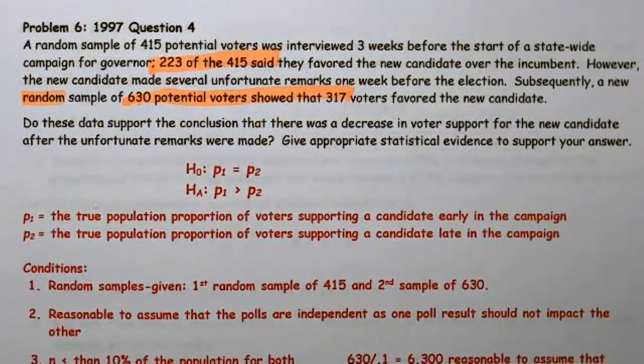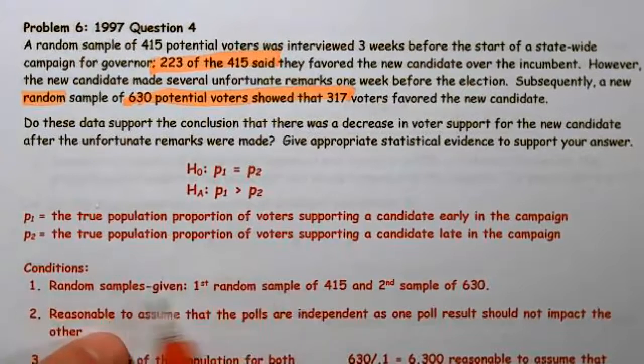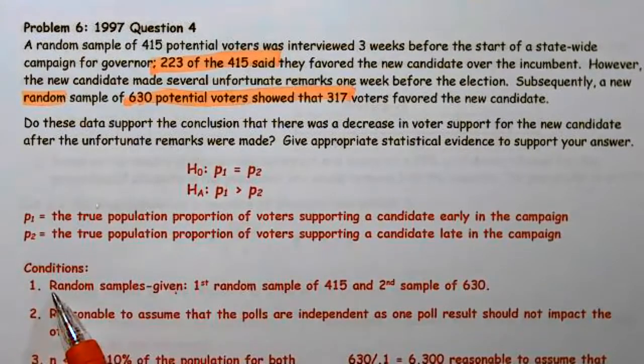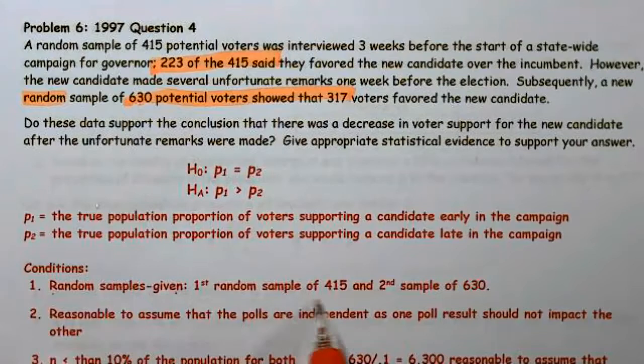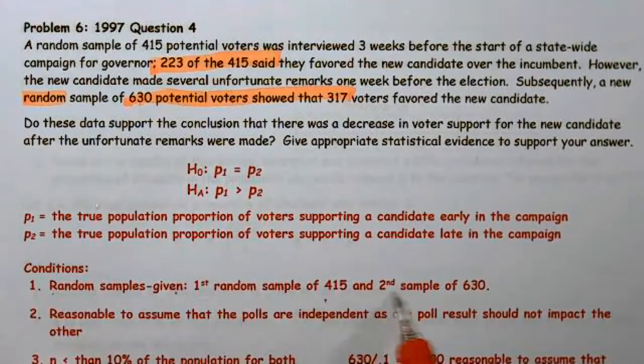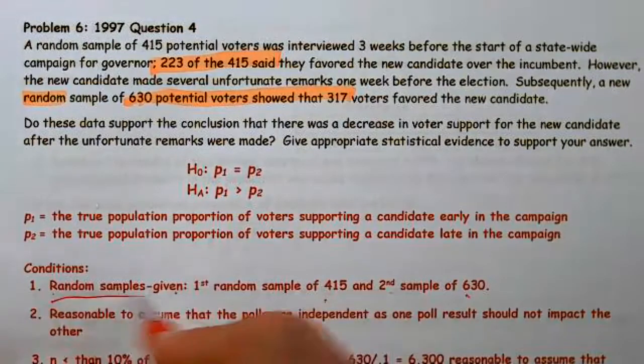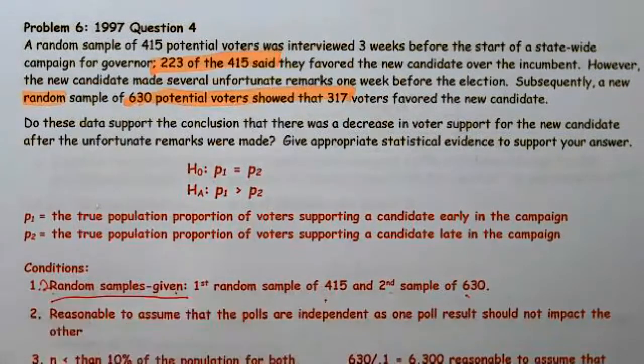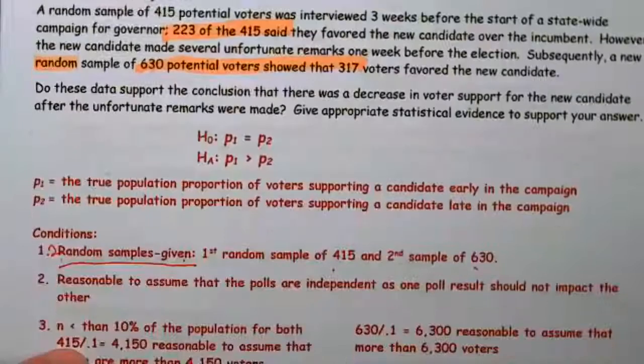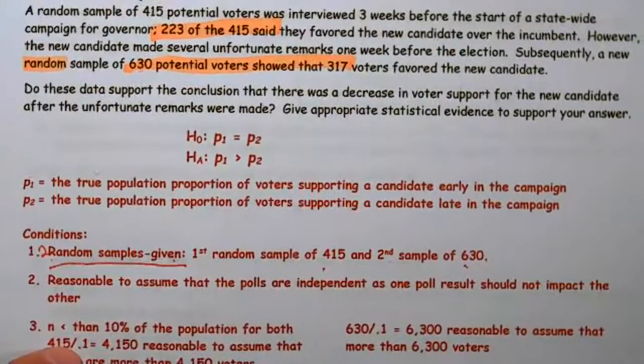So conditions. Random samples are given. I probably should have put 2 random samples are given: first random sample of 415, and second random sample of 630. You only needed to say 2 random samples were given. Reasonably assume that the polls are independent.